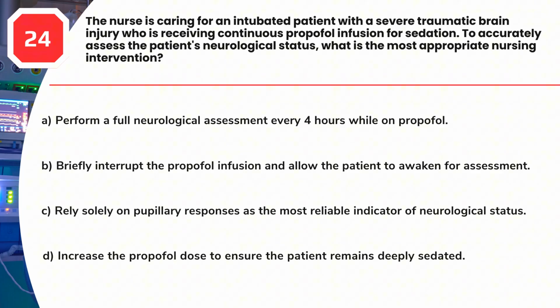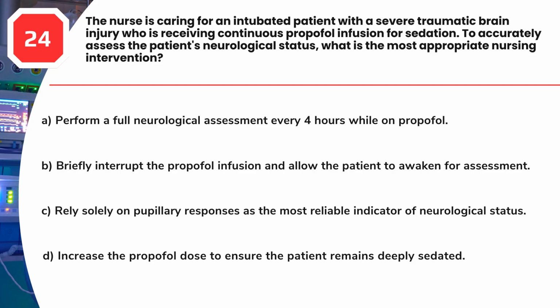Question 24. The nurse is caring for an intubated patient with a severe traumatic brain injury who is receiving continuous propofol infusion for sedation. To accurately assess the patient's neurological status, what is the most appropriate nursing intervention? A. Perform a full neurological assessment every 4 hours while on propofol.